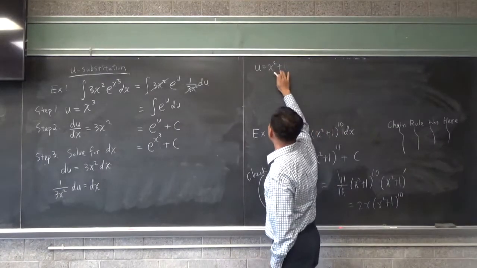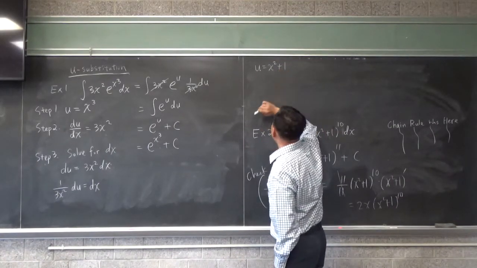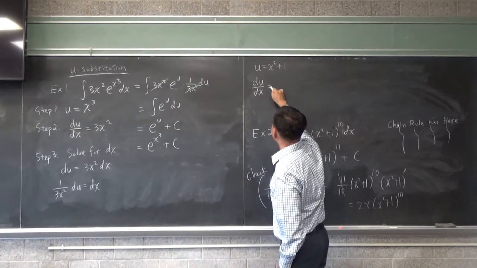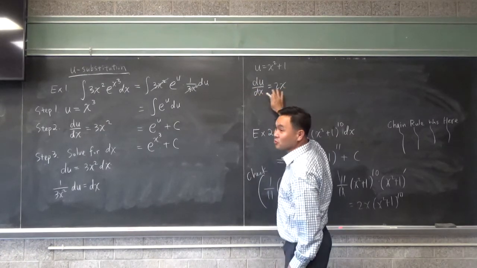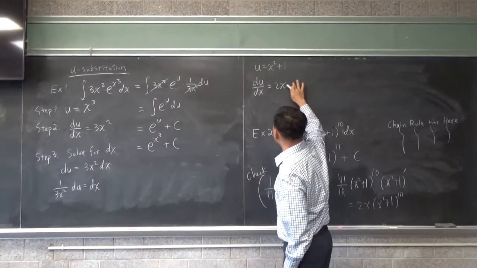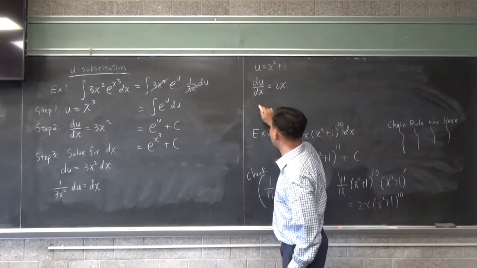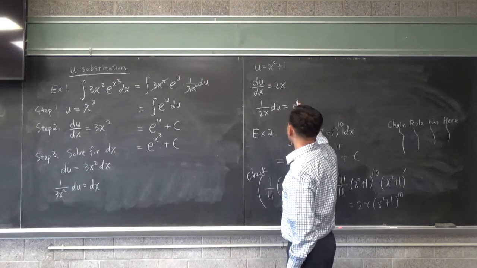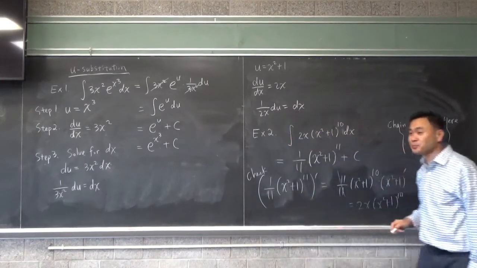So u is x squared plus 1, and du over dx would be 2x. If you solve this by multiplying by dx and dividing by 2x on this side, you get 1 over 2x du equals dx.